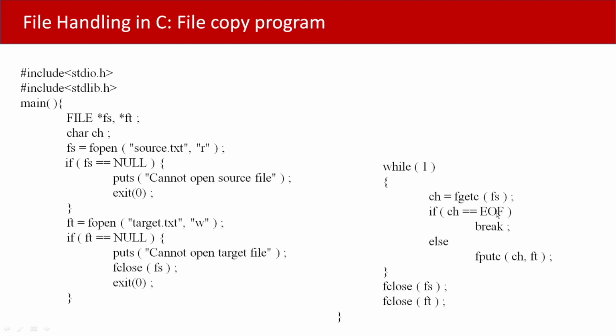Whenever we find end of file, we will break the loop. Otherwise, it will write the character to the pointer which is pointing to the target file, and this process will continue. Read every character of the source file and write it into the target file.